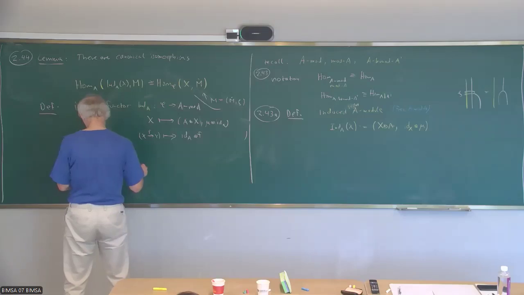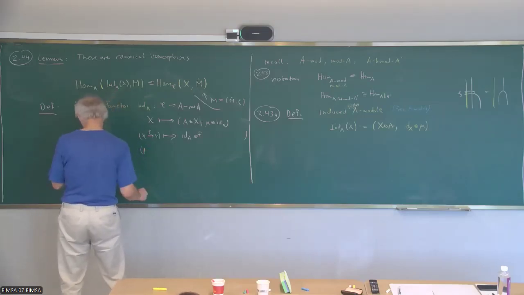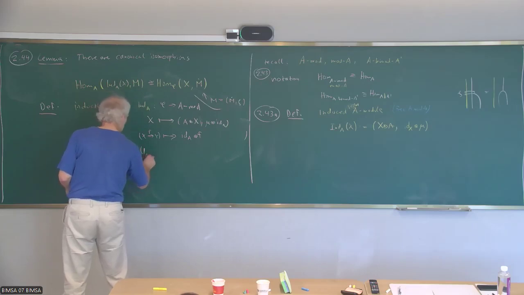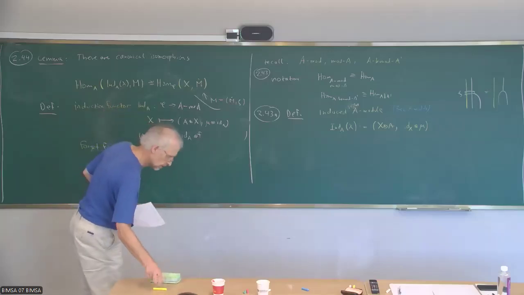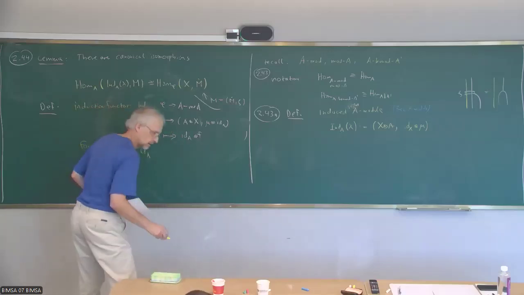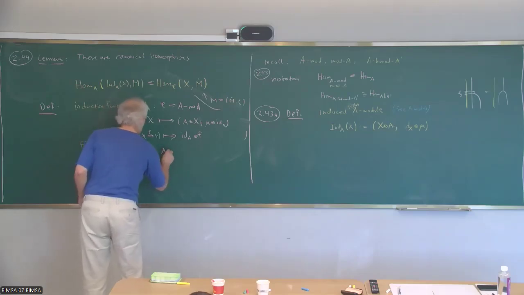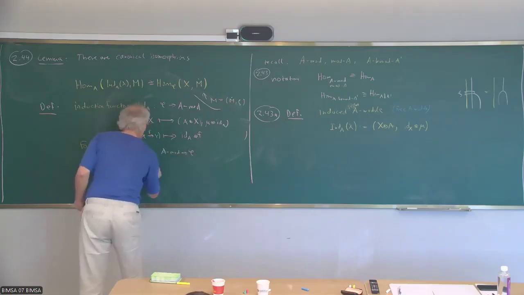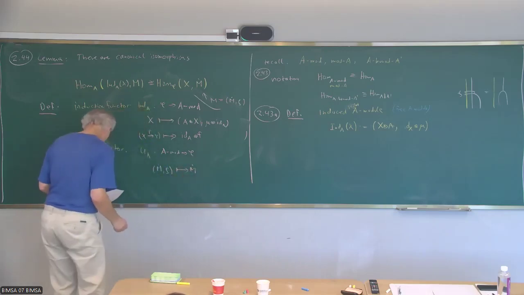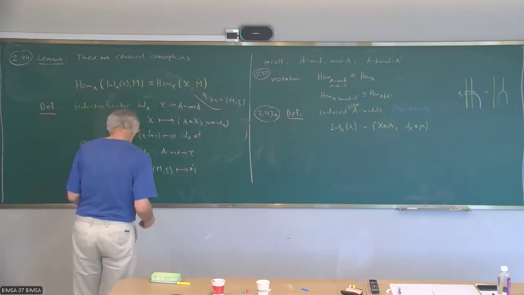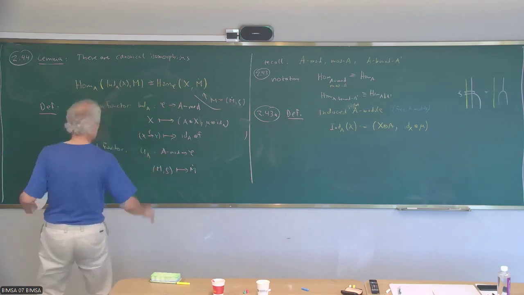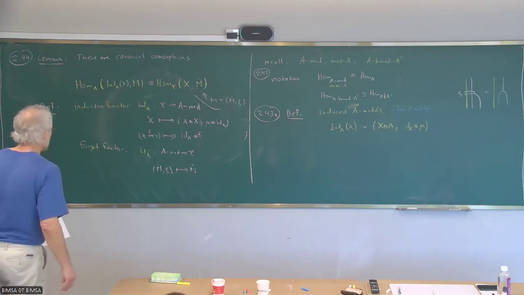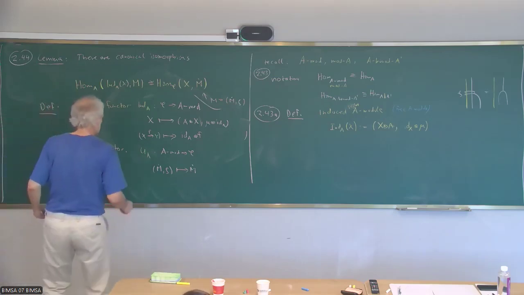I call this U, or if I want to be precise, U_A, from A-mod to C. It takes an A module and maps it to the underlying object, and is the identity on morphisms.